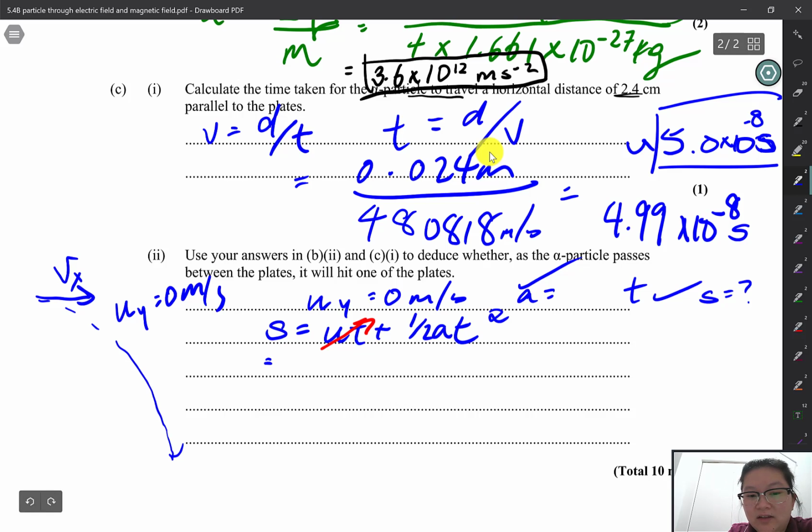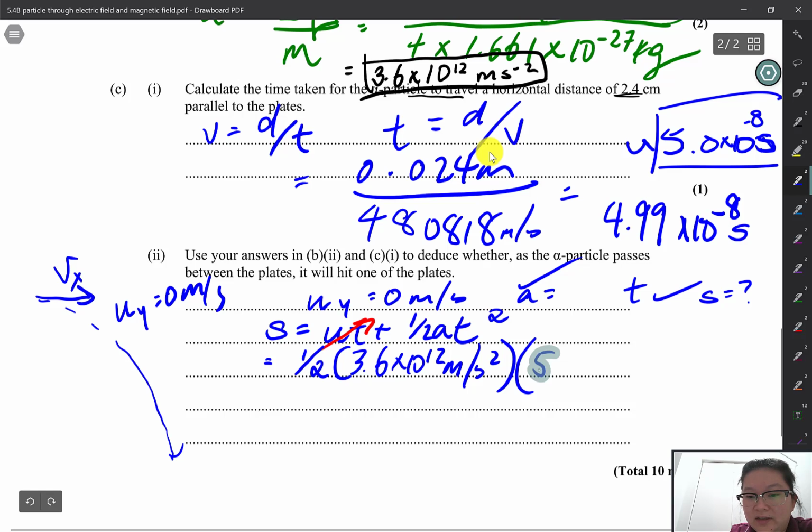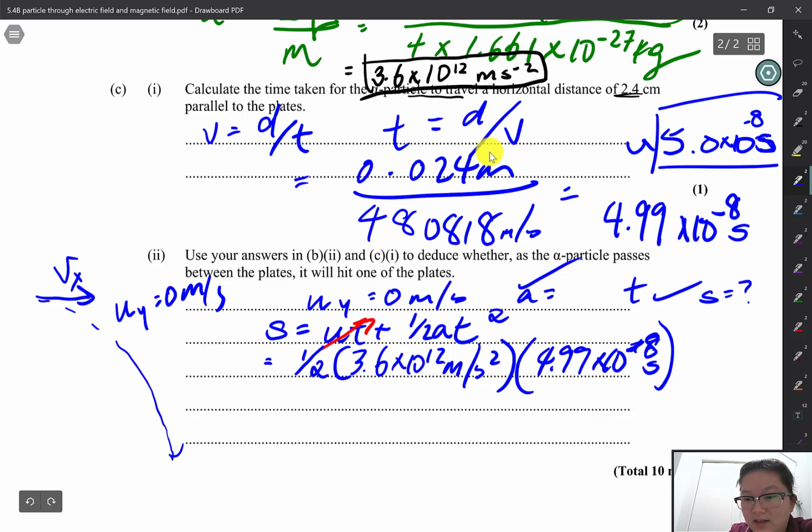Putting everything in, we have 1/2, the acceleration being 3.6 times 10 to the power of 12 meters per second squared, and then the time being 50 nanoseconds, or 4.99 times 10 to the power of negative 8 seconds. Oh, sorry, negative 8 seconds, not negative 18. Negative 8 seconds squared. Okay, so let's do that. I get 0.00448 meters.